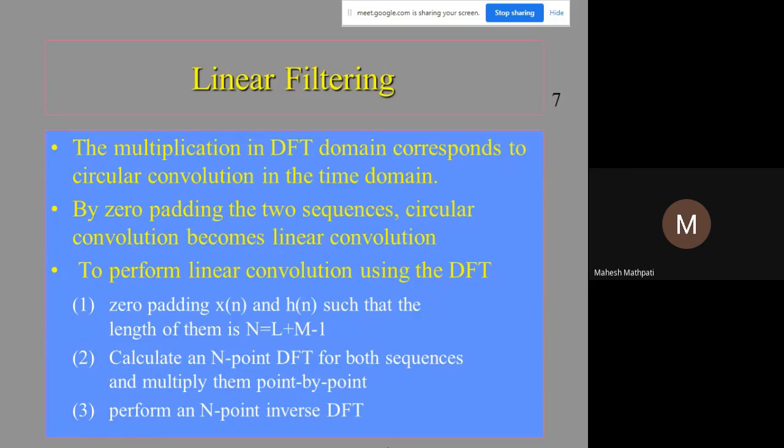And third, perform an N-point inverse DFT. So this is how we are using the DFT as a linear filter. Understood?